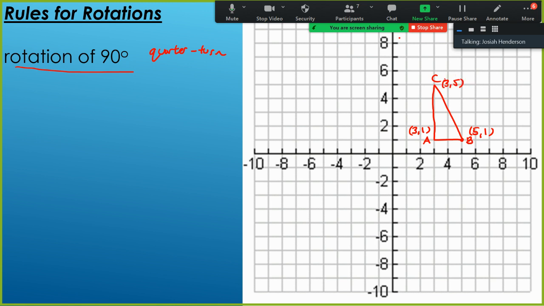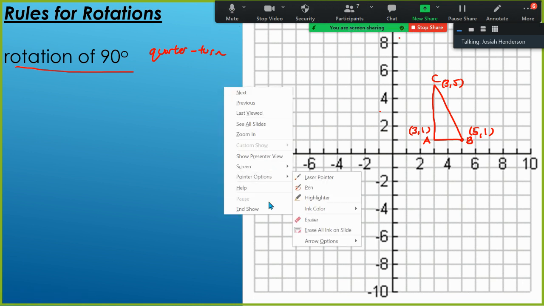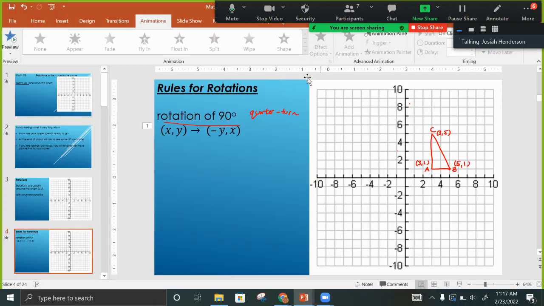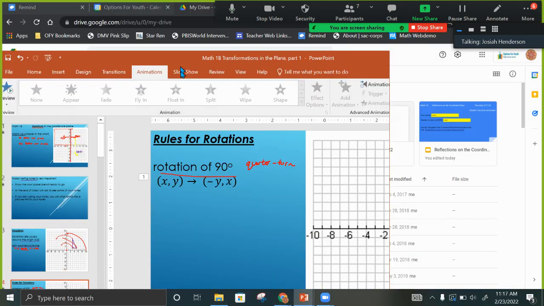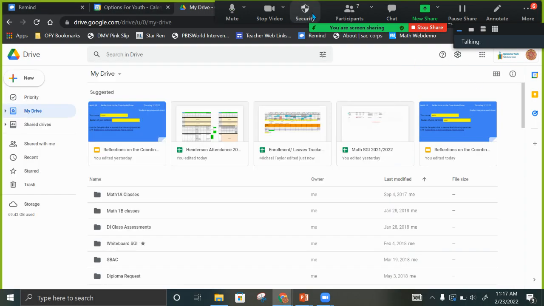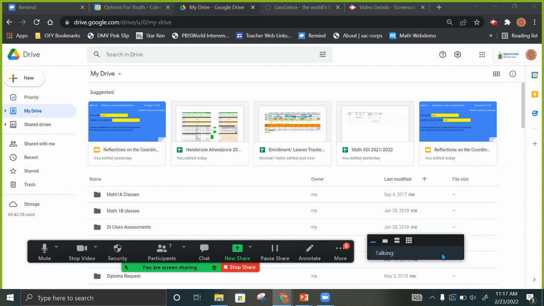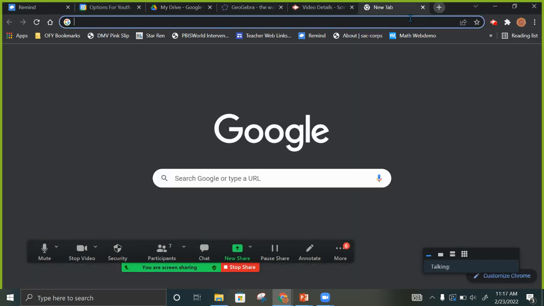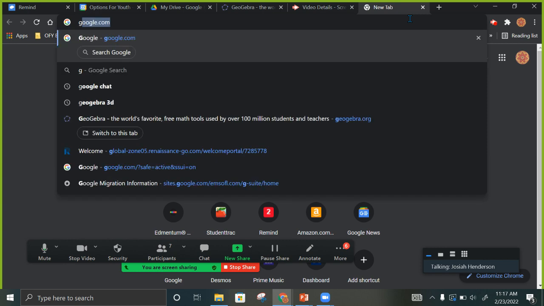Okay, I do my rotation of 90 degrees. You know what? I had this set up to do it by hand. Hold on. We're going to do the same thing, but so I don't make a mistake, we're just going to do this together in GeoGebra really quick.